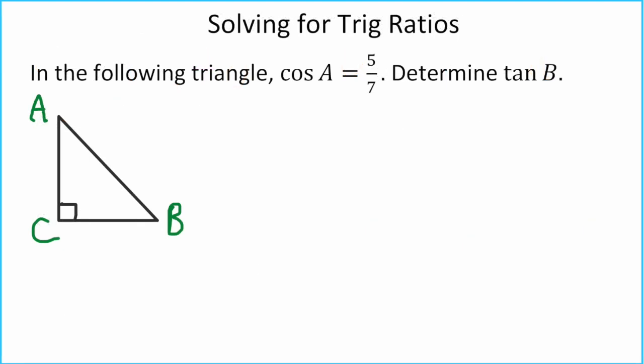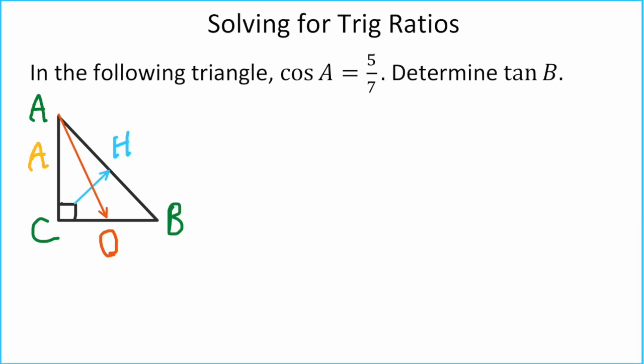Now you're actually given one of the trig ratios, and you need to determine a different one. So we know cosine of A is 5/7. We've got to start by marking our triangle with hypotenuse, opposite from A, and adjacent.